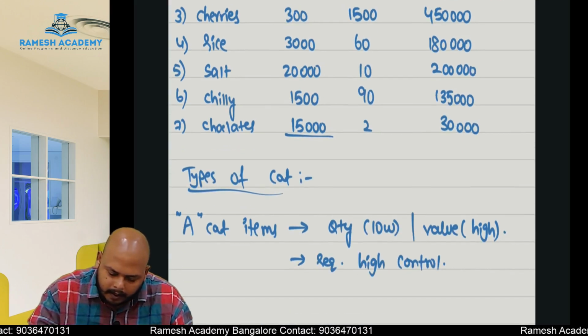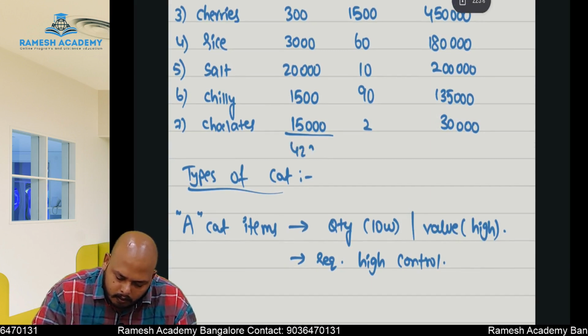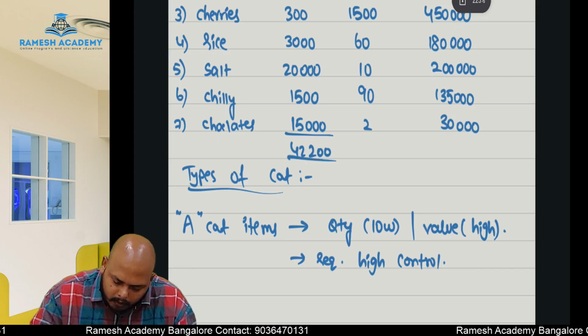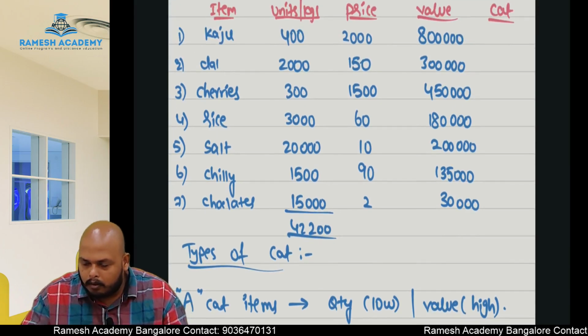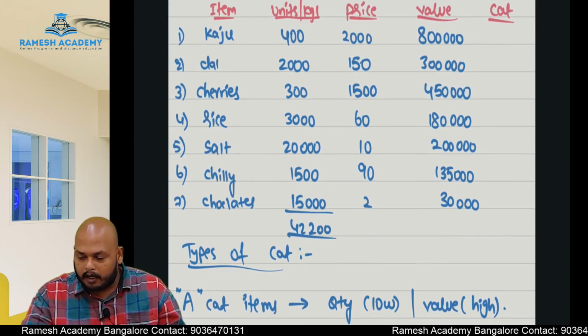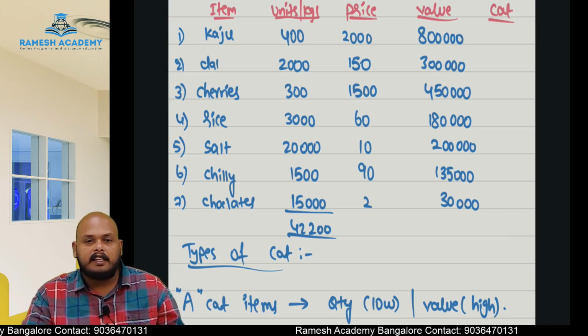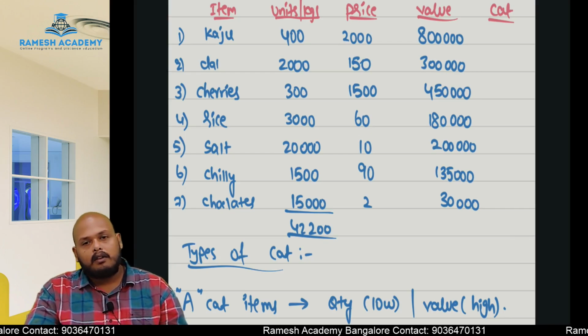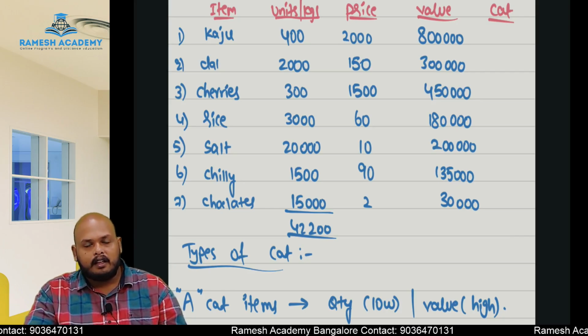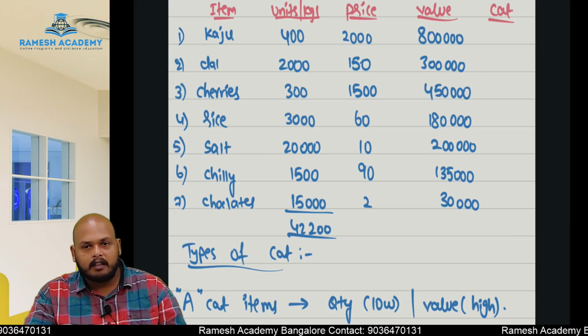So the total is 42,200. So Kaju is how much? Quantity 400 divided by 42,200 into 100. That is nothing but how much percentage? Less than 1%. The holding of Kaju quantity is less than 1%.